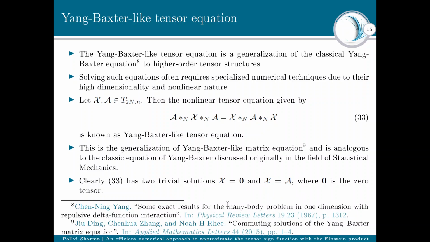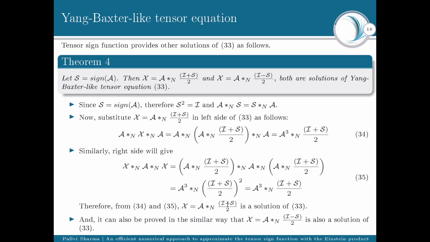Now, in order to compute other solutions, we can use the sine function, and for this we have provided this theorem 4, in which we have considered the two solutions as A into (I plus S) by 2 and A into (I minus S) by 2 using the Einstein product.